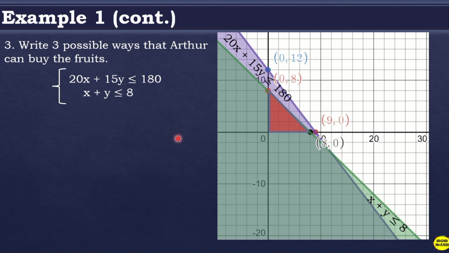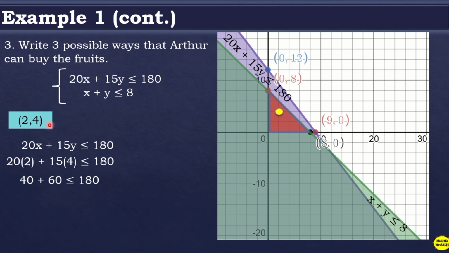Okay? So, kuha tayo ng isang ordered pair. So, ito, kunin natin. So, i-check natin. Ano ba ito? 2. Okay? 2 and then 4. So, 2, 4. Okay. So, ito yung isang way. Tingnan natin. Ibig sabihin, 2 mangga, 4 na guava. So, tingnan natin kung solution siya. Okay, so isolve natin, substitute natin yung 2 and 4.